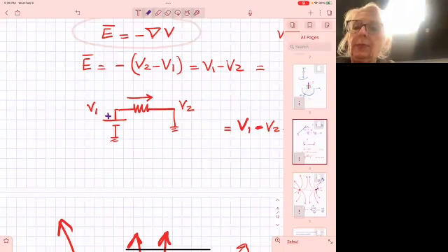So what happens here? Where is the highest potential? And what happens when the current flows?